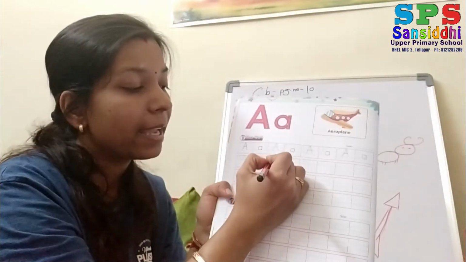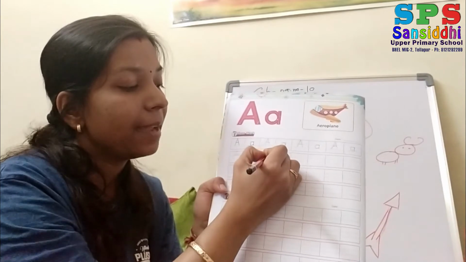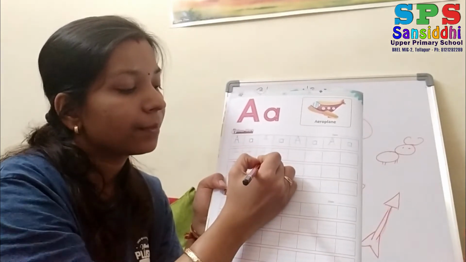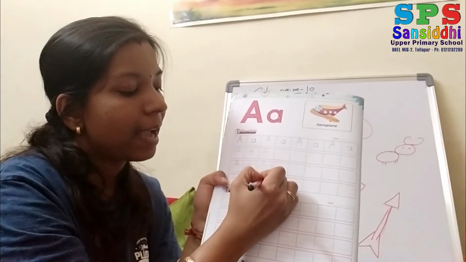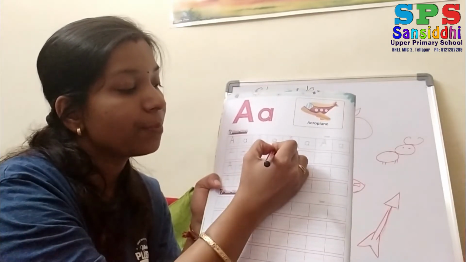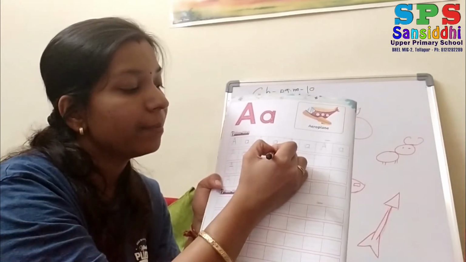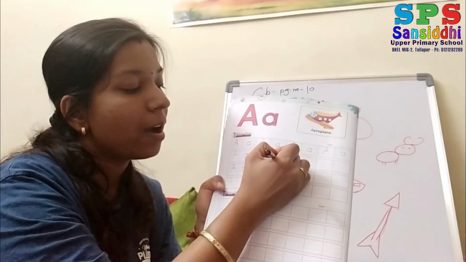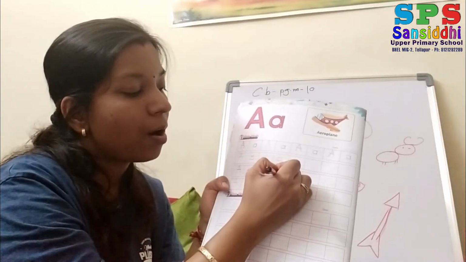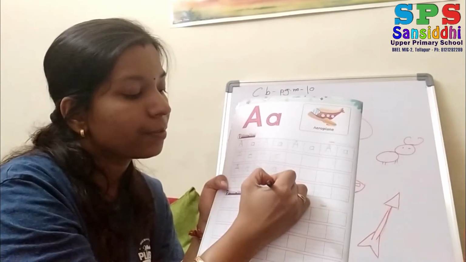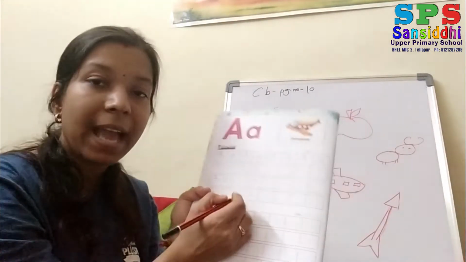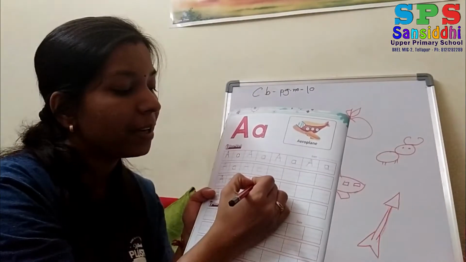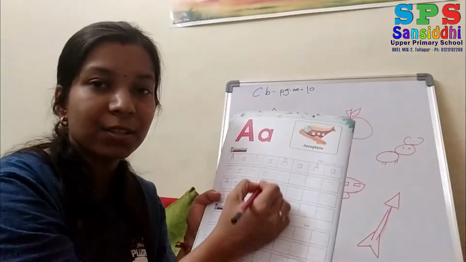A. Again capital A. Again capital A, and capital A. And this one small a. So you have to write in the middle, small a, small a, small a. So this is a capital A and small a.